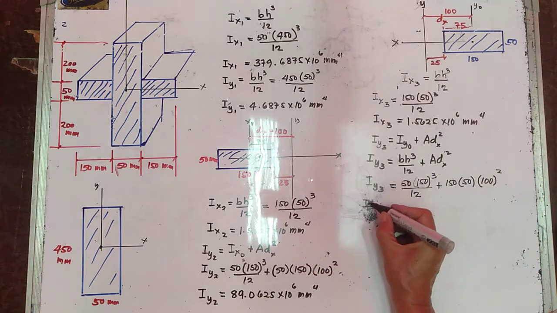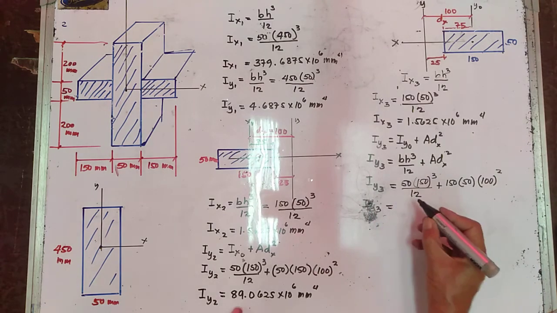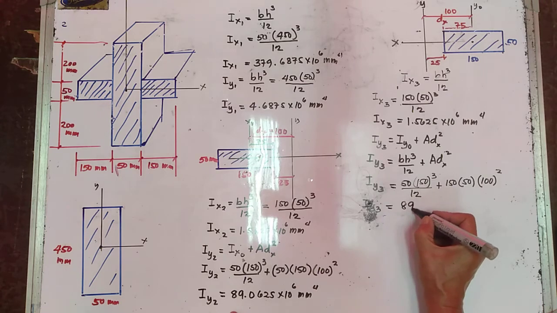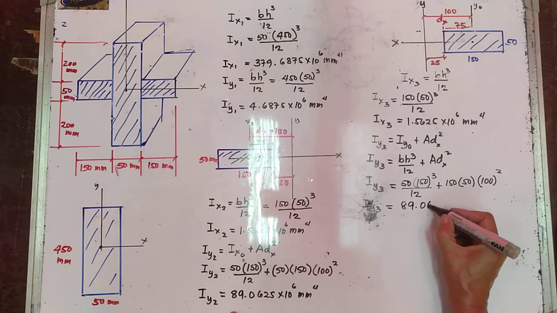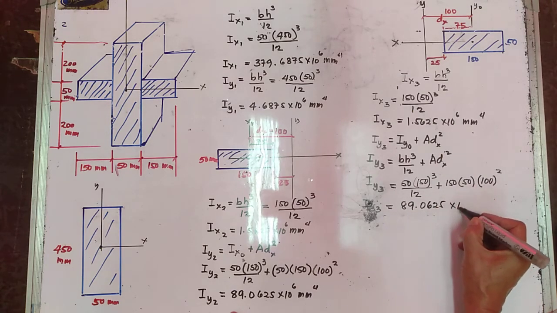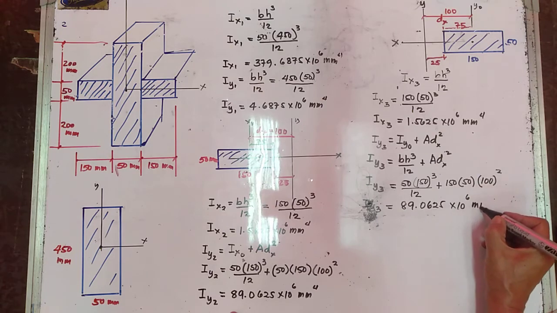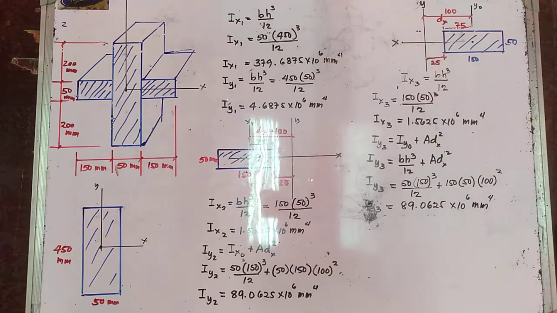So your Iy3 is equal to 89.0625 times 10 to the 6 millimeter raised to the 4.